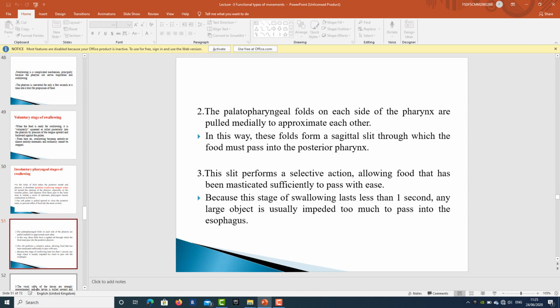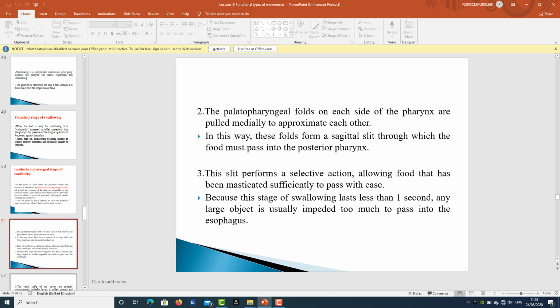The palatopharyngeal folds on each side of the pharynx are pulled medially to approximate one another. And in this stage, there is a formation of a sagittal slit through which the food must pass into the posterior pharynx. This slit performs a selective action.